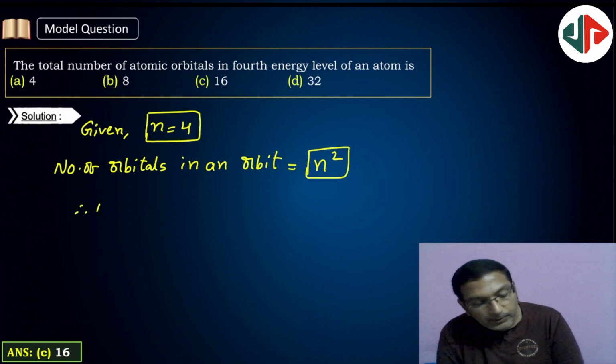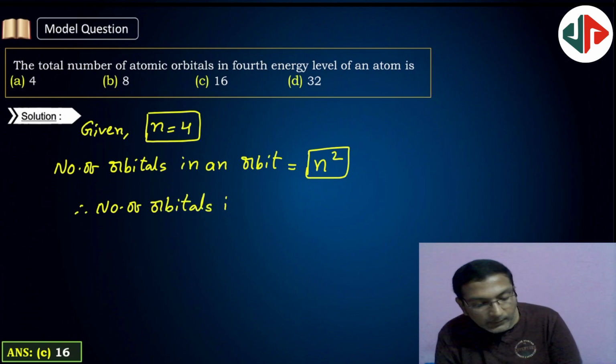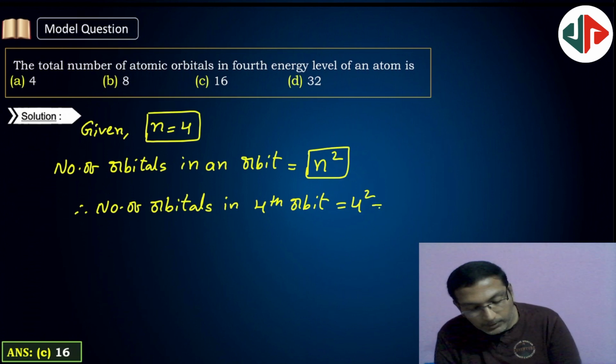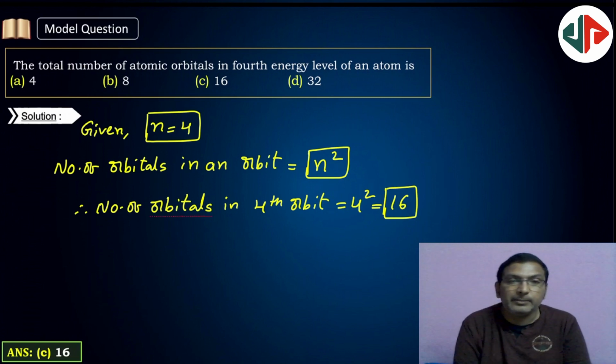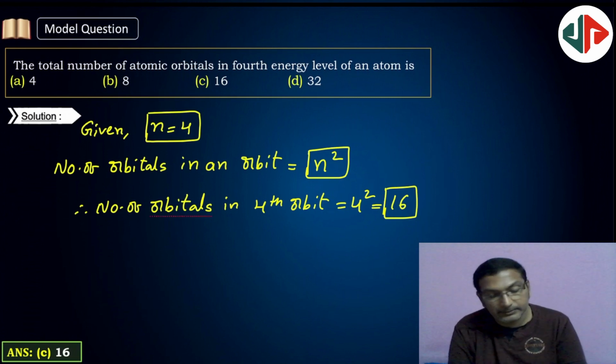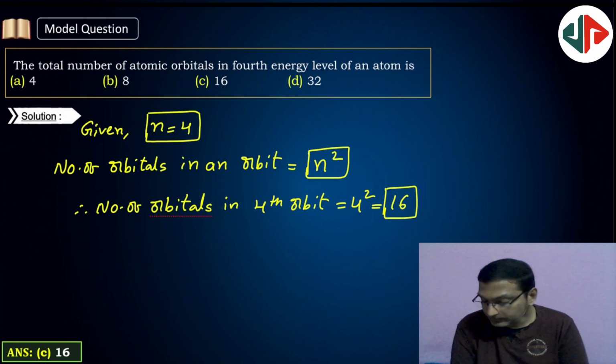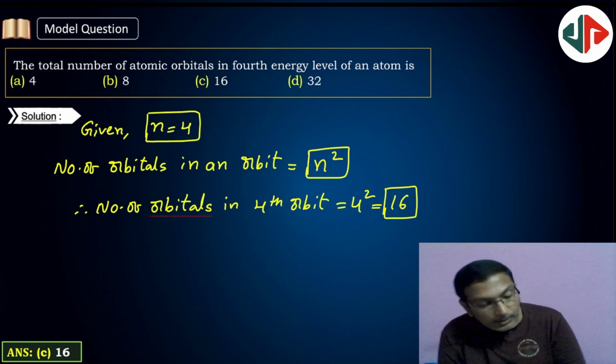Therefore, the number of orbitals in the 4th orbit equals 4 square, 16. 16 orbitals. Direct question. So option C.